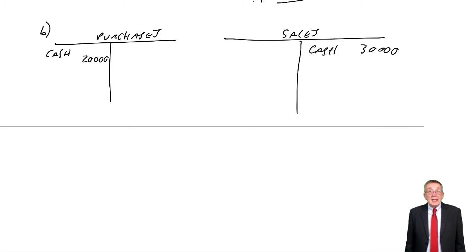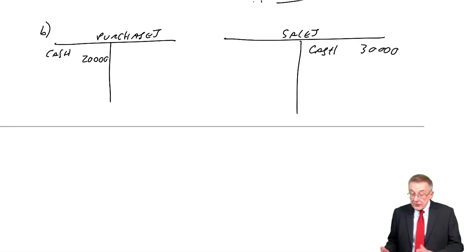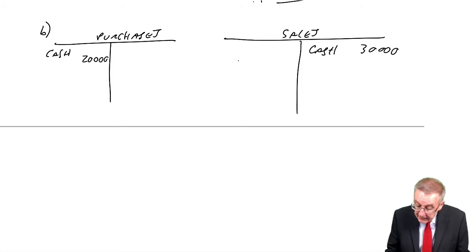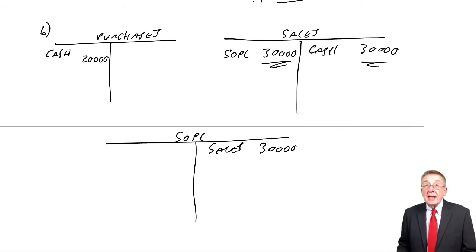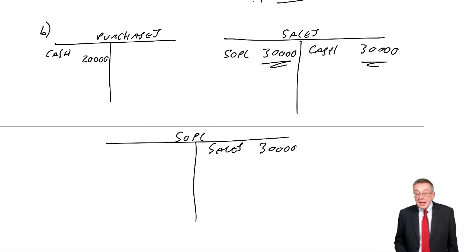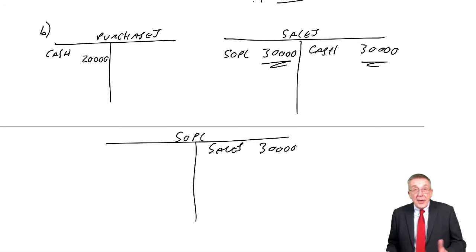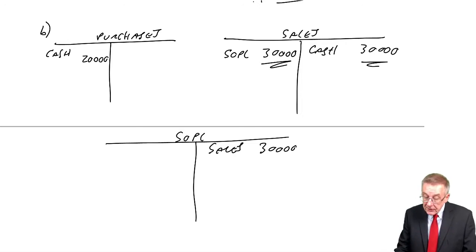At the end of the year, the accountant comes. Of course, sales appear in the statement of profit or loss, so move them. Debit sales, credit statement of profit or loss. And the balance on the sales account is 0, ready for next year. And similarly, purchases. They appear in the statement of profit or loss.